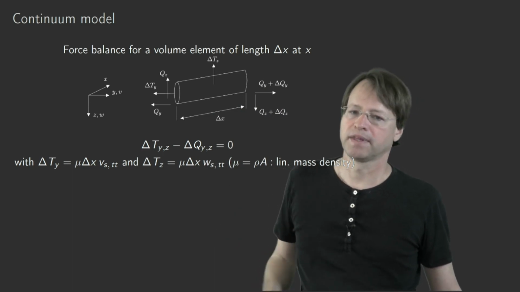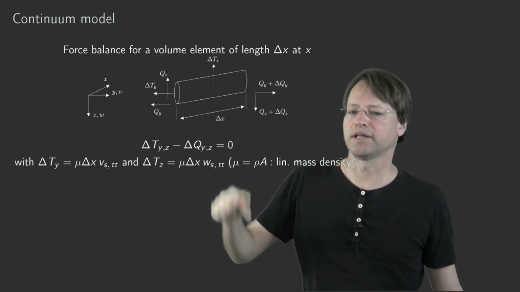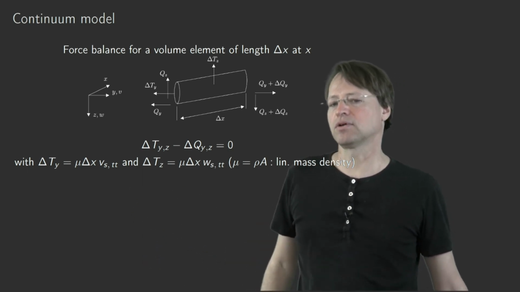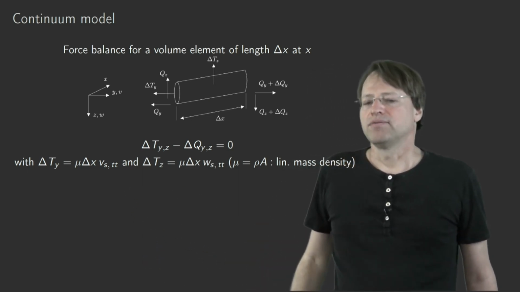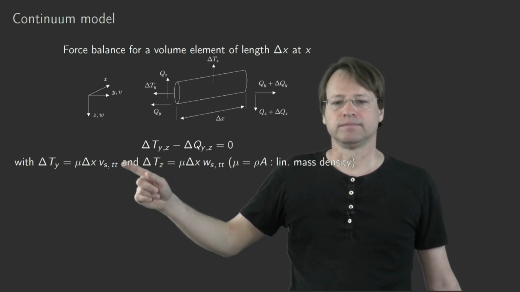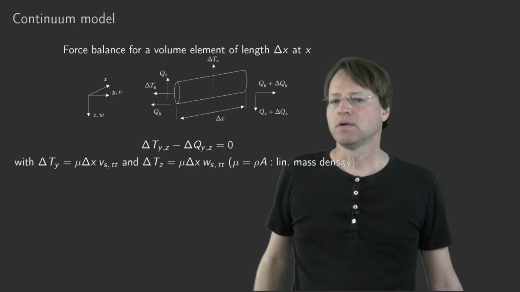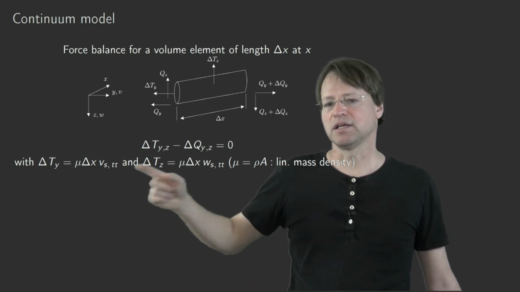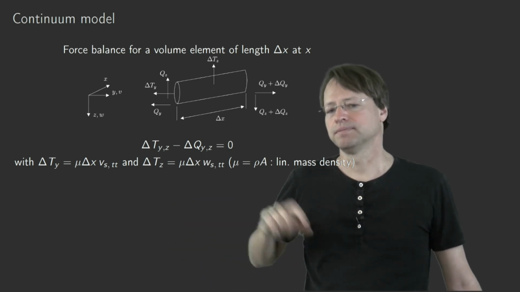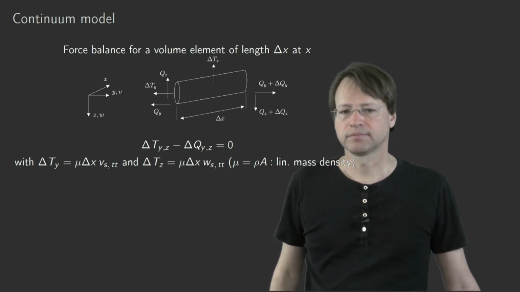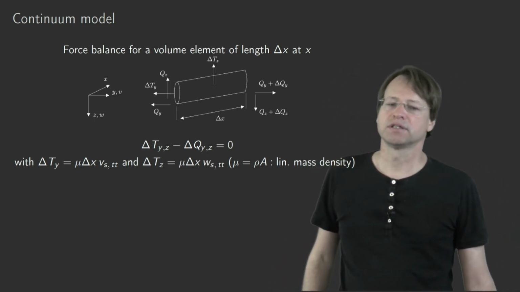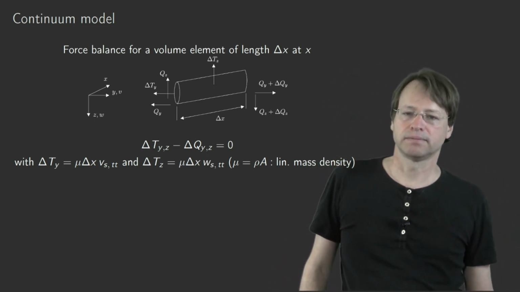Delta x in longitudinal direction, A the area of the cross-section. And we have to multiply this by the acceleration. We simplify this expression. We take the acceleration for that element with respect to the center of gravity, in the same way as the theorem of the center of gravity tells us.